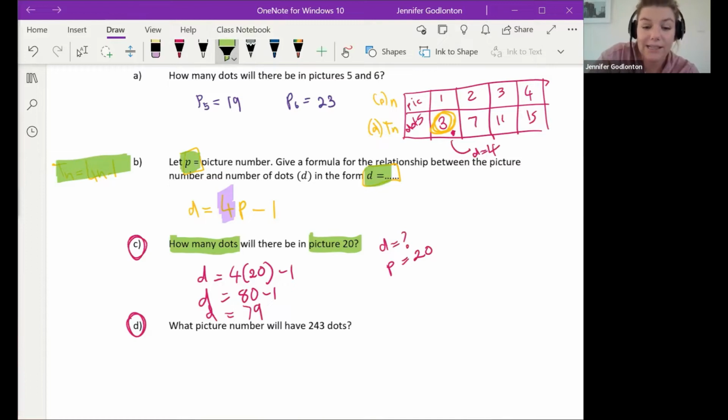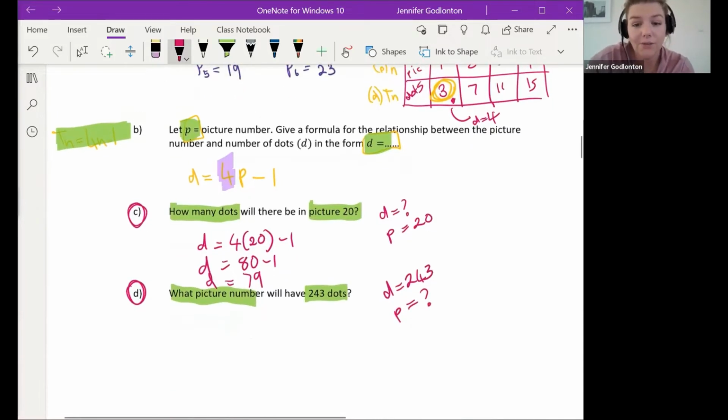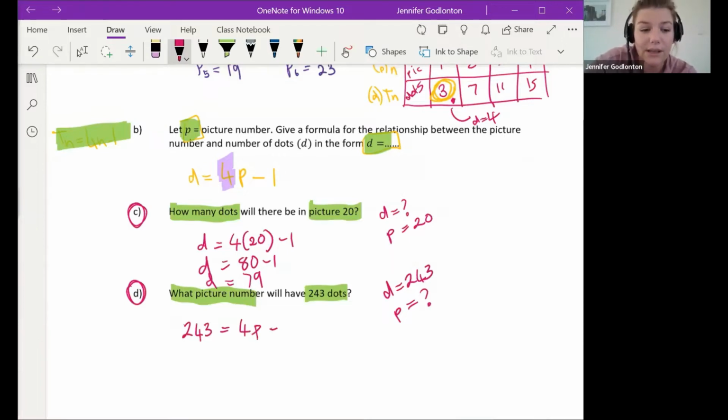Then if we have a look at D, it's saying what picture number, which means we don't know our picture number, will have 243 dots. So now our dots is 243, and our picture is something we don't know. So we just put that into our formula. We say our dots are 243, we don't know what our picture is, and then we minus 1. Next step, we're going to take that 1 over to our other side.